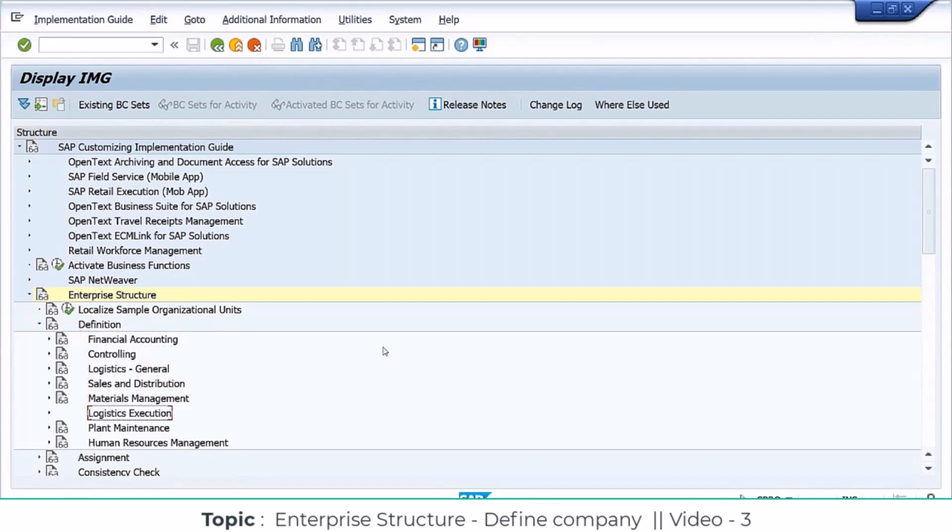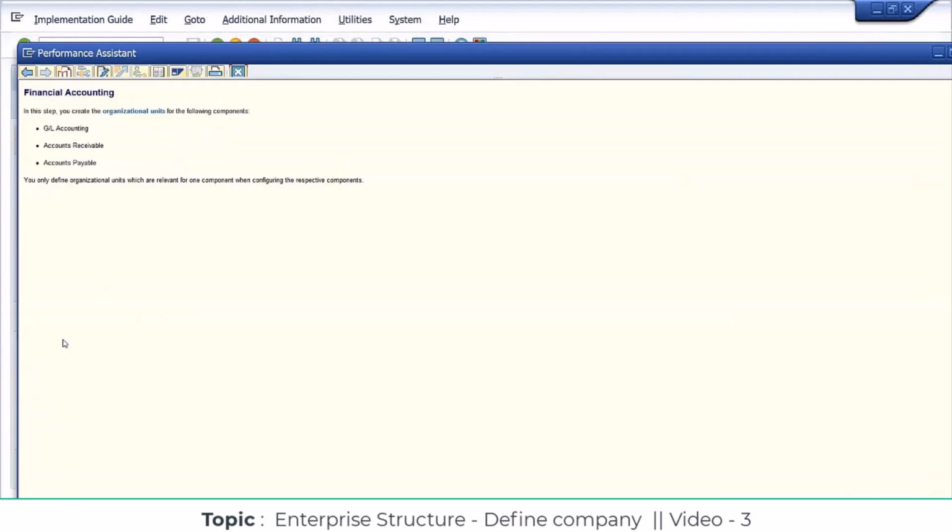These are all the modules. Let's start working with financial accounting. Once again, if you want to know what this FI stands for, there is documentation available. You can click on it and we are able to see what exactly this finance module is all about.